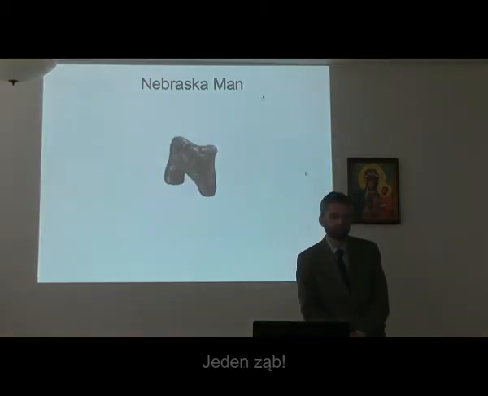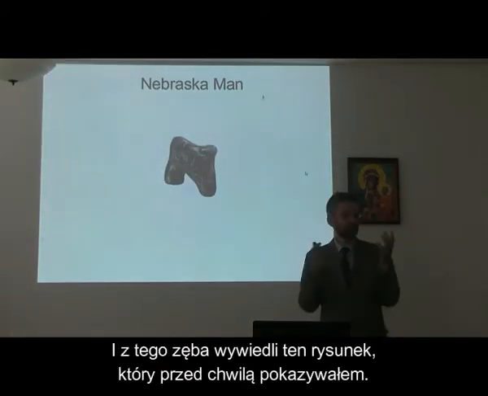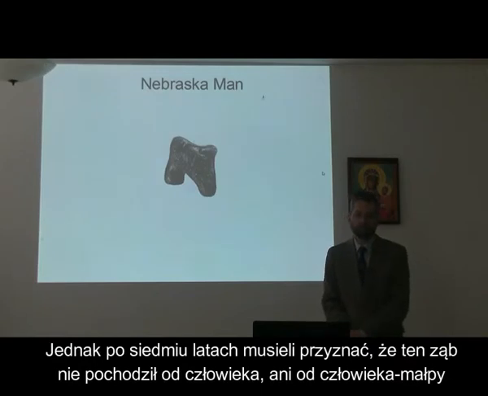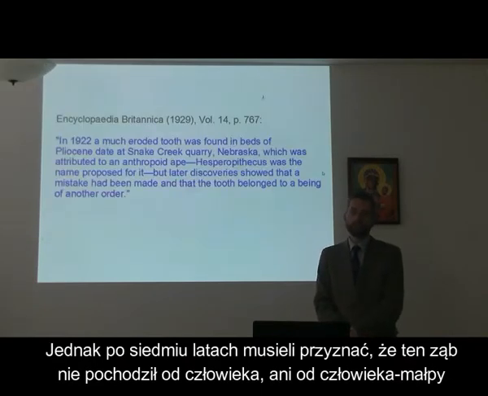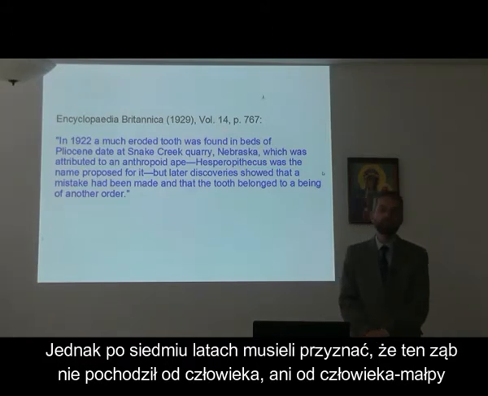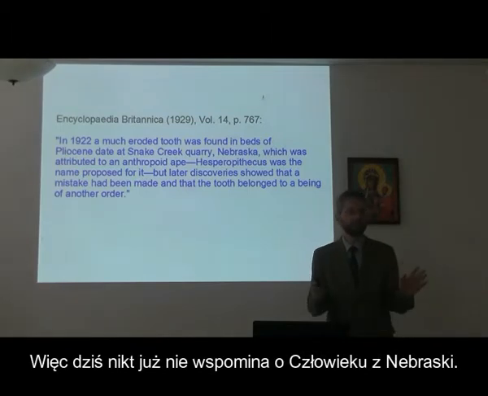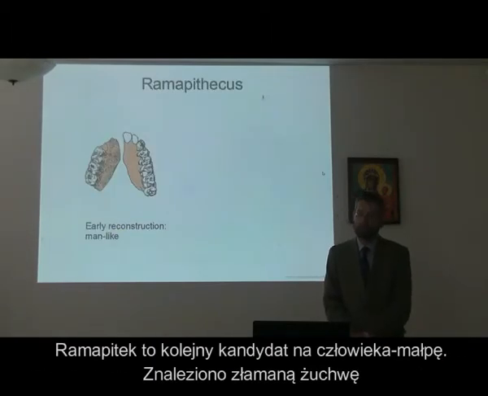This. One tooth. From this tooth they had concluded these images which I just showed you. However, after 7 years they had to admit that this tooth did not come from a human or from an ape-man, but from an animal. So today nobody speaks anymore of Nebraska man.